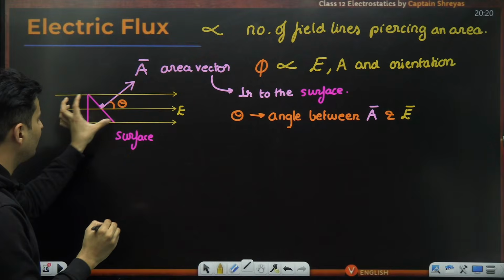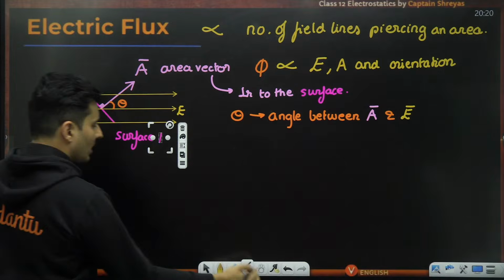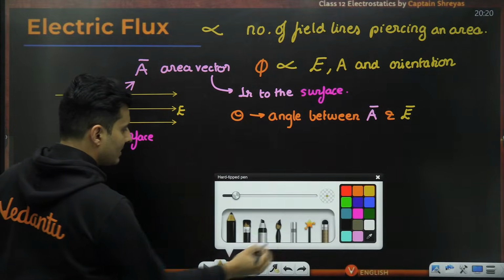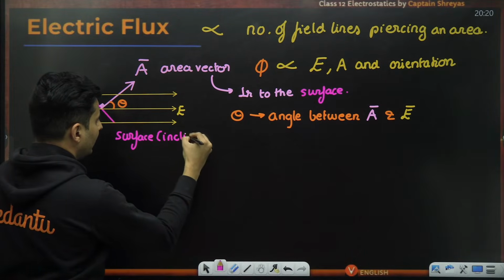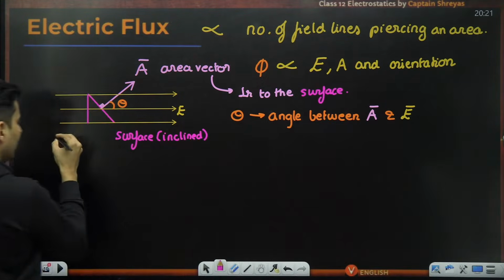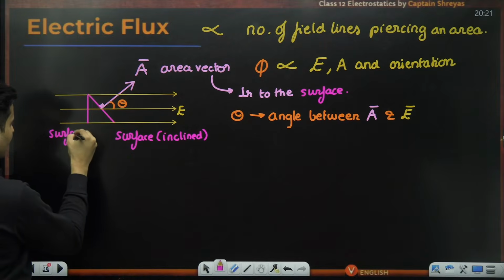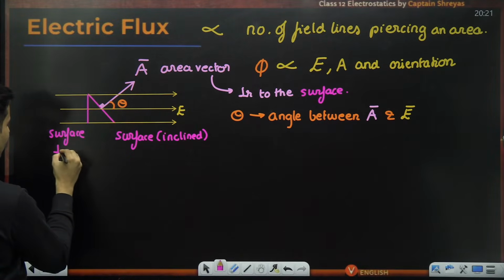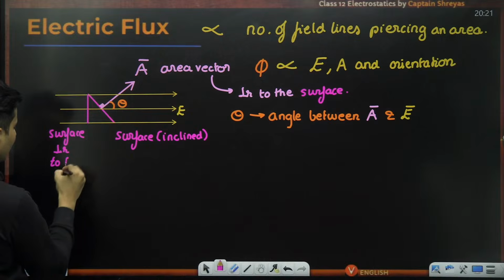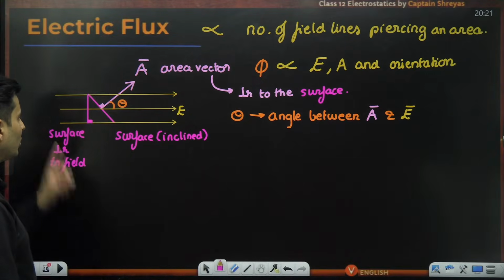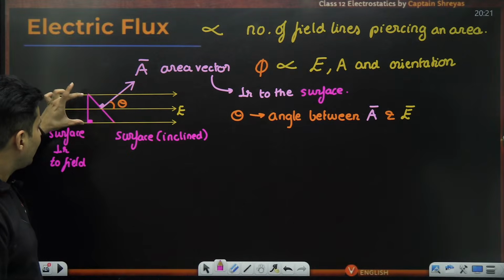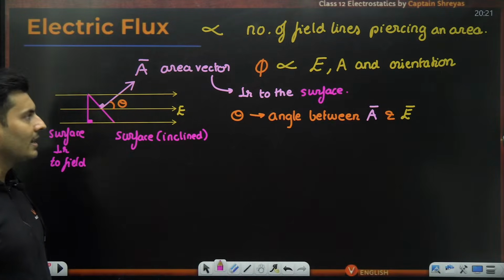So if this is some surface which is right now, let's say, inclined, imagine another surface which is basically perpendicular to the field. That will have the same flux as the inclined area.